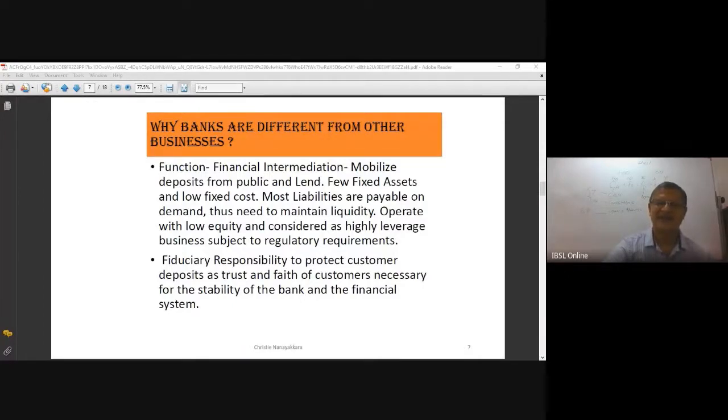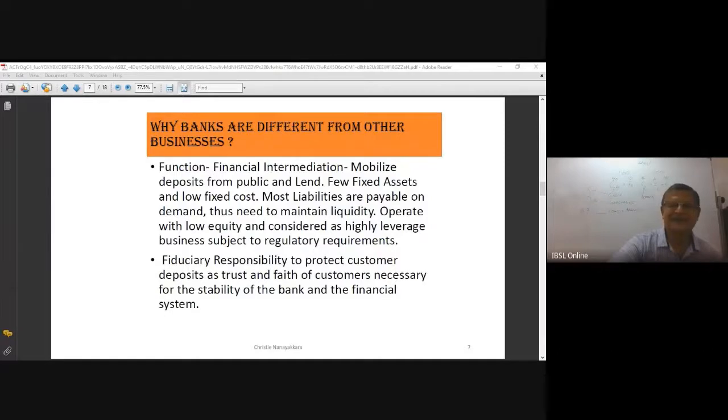And your equity is 10. That means the bank's shareholders have contributed only 10, whereas you have borrowed 85. Even the other 5 is made up of long-term liabilities.